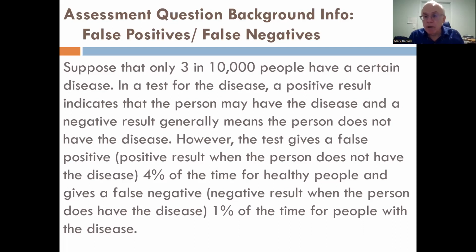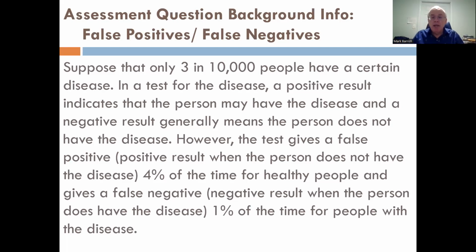You could have an error. So what kind of errors do we have when we take a diagnostic test? Well, if the diagnostic test says that you have a disease, which is a positive result, it's possible that you don't have the disease in actuality. So that's a false positive. On the other hand, if the result says that you don't have a disease, but you actually do have a disease, that's called a false negative.